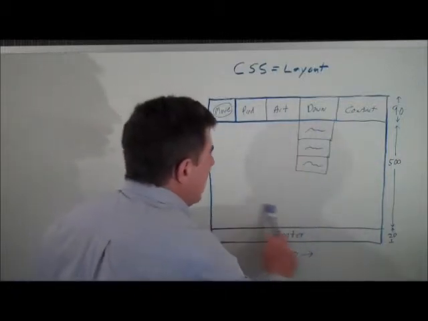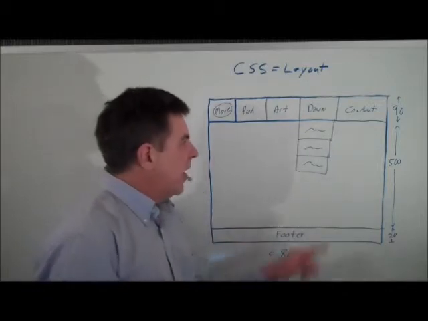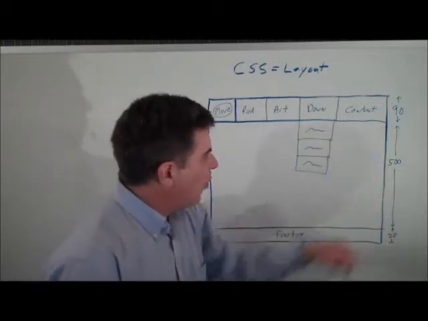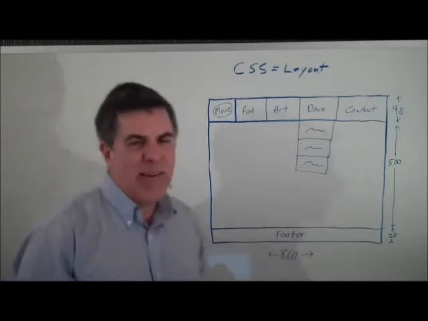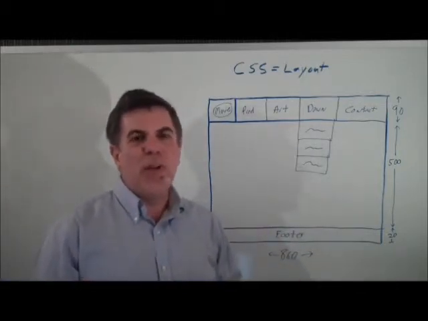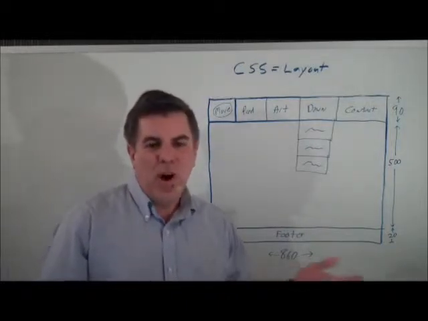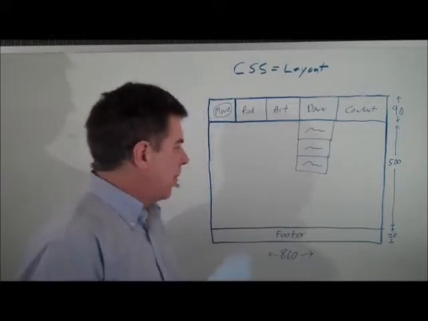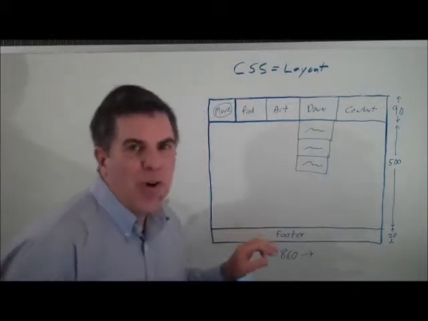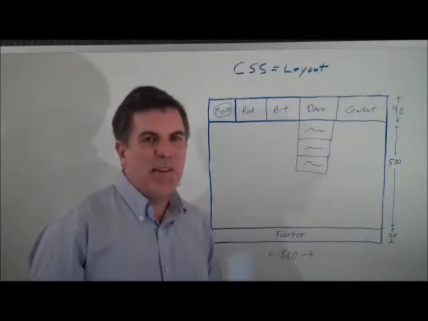The main area here is going to be that clickable map, the picture, and that's going to be 500 by 860. That's the size of my image, and notice that that image will fit comfortably inside of the screen resolution of most browsers today. Down at the bottom we've got a footer. The footer's not that big a deal. We're only going to make it 20 pixels in height.